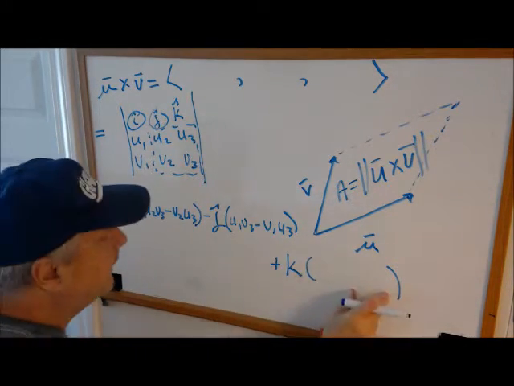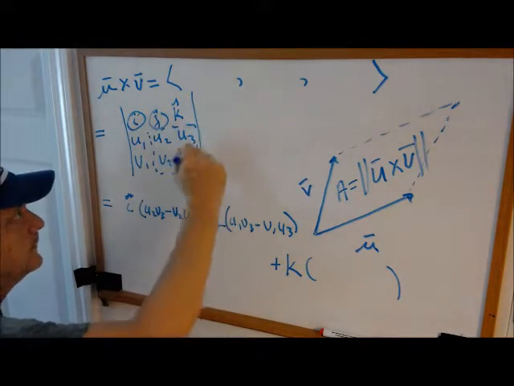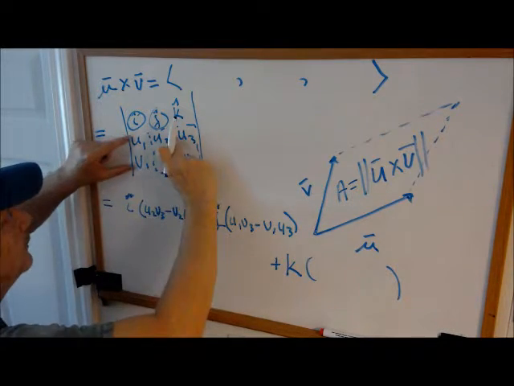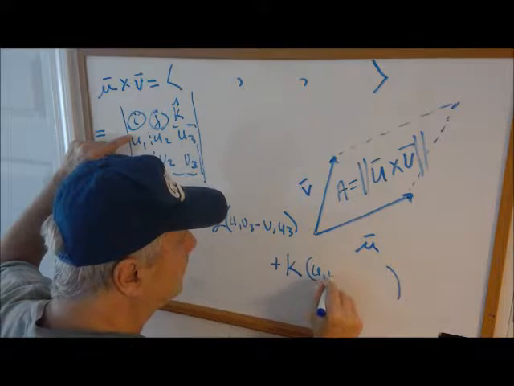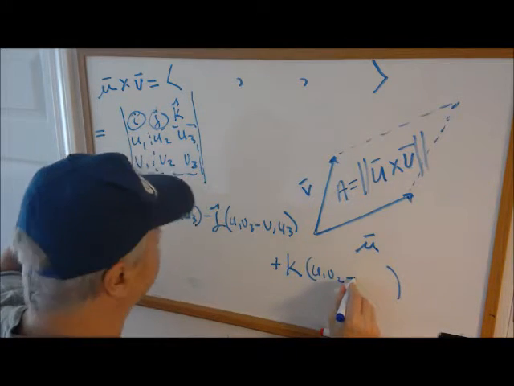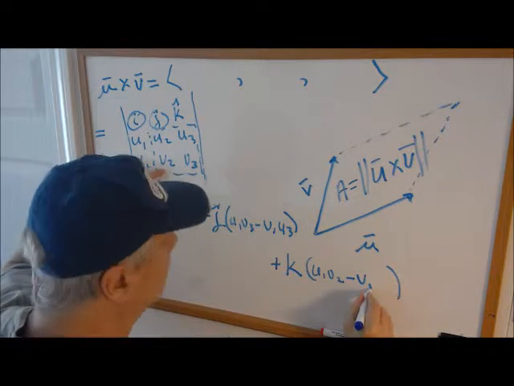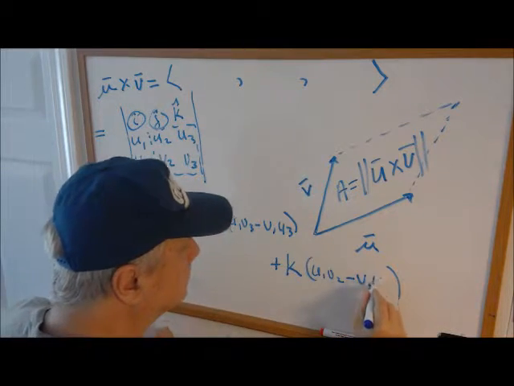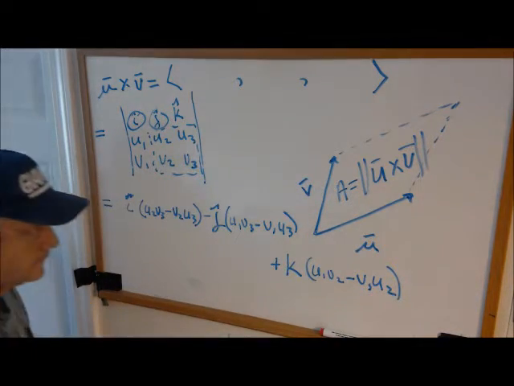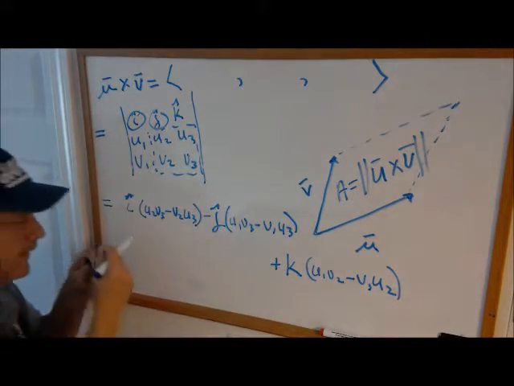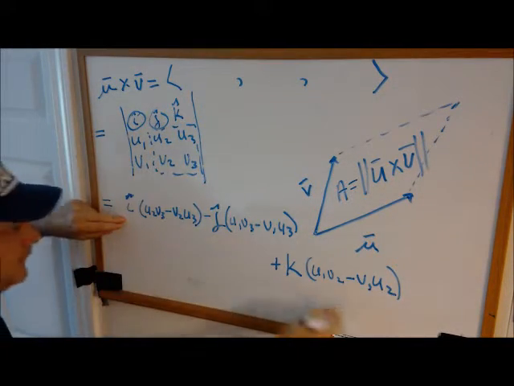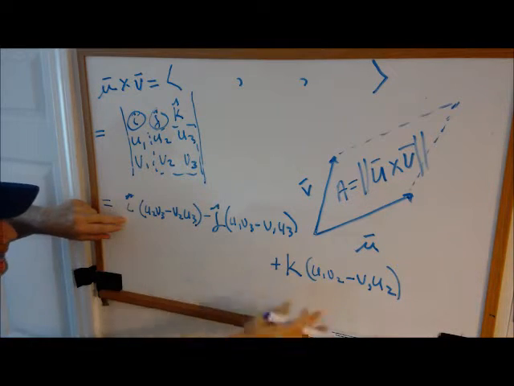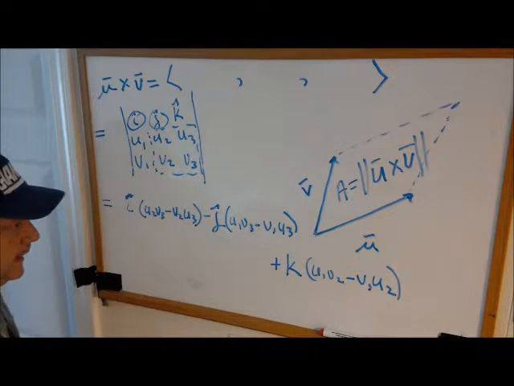Okay, and then finally cross out first row, third column, we're left with u1 v2 minus v1 u2. Okay, so that's how we figure out the value of the cross product. And you can see it's a vector with components i, j, and k.